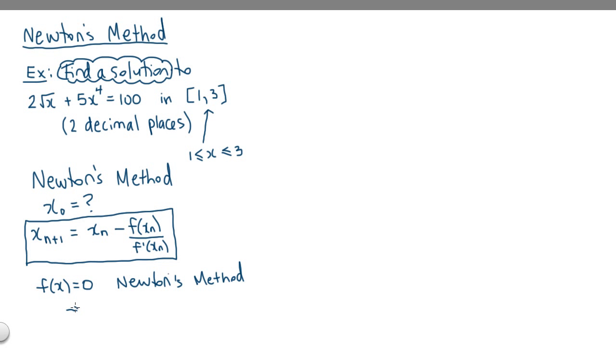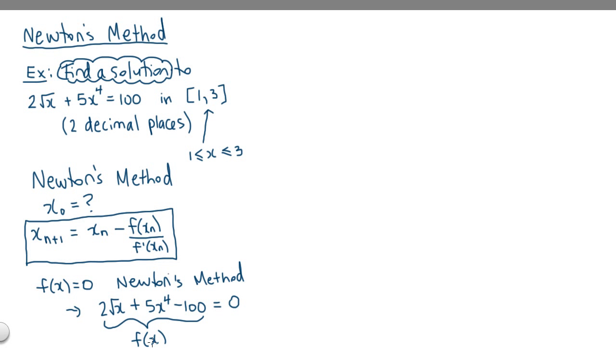Well, first thing we're going to have to do is just move everything over to the left so that our equation looks like 2 root x plus 5x to the 4th minus 100 equals 0. So it's just as simple as moving everything over to the left before you start talking about f of x. So this whole expression here, that is our f of x that we're going to be working with in this problem.